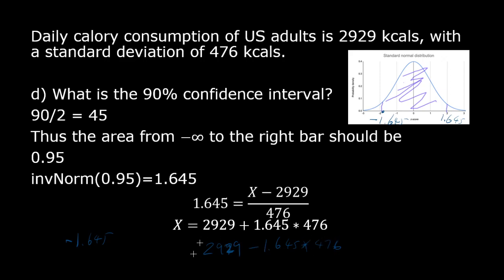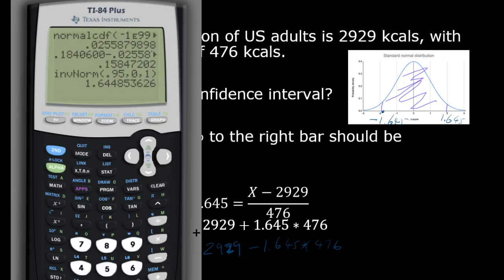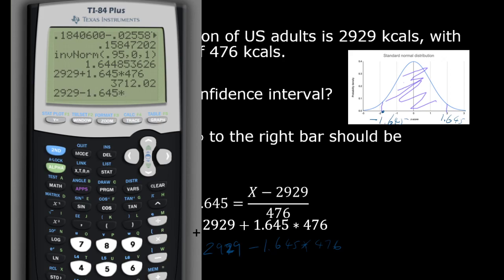Use the calculator: 2029 plus 1.645 times 476, and then 2029 minus 1.645 times 476. You can round these two numbers to 2146 and 3712.